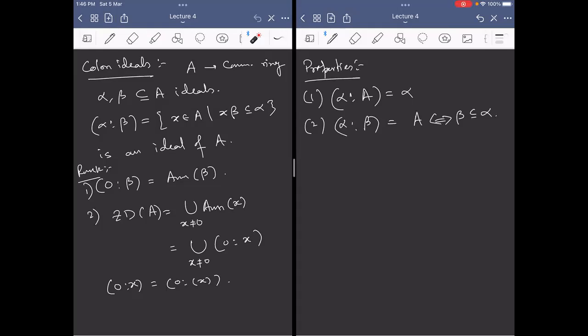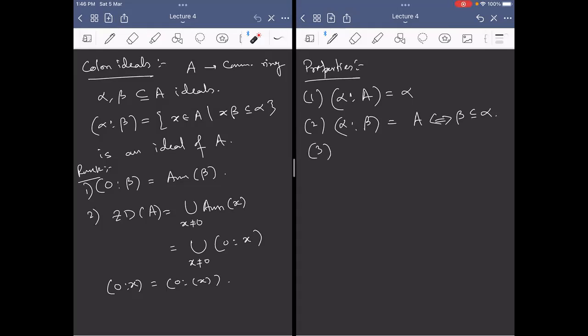So you multiply an element of beta with 1, because the colon ideal is A, so 1 is there. Then this x is inside alpha, and therefore beta is a subset of alpha. So one part is done. And for the other part, if beta is a subset of alpha, then multiply beta with anything of A, then it will be inside beta and hence inside alpha. So the second one is also trivial.